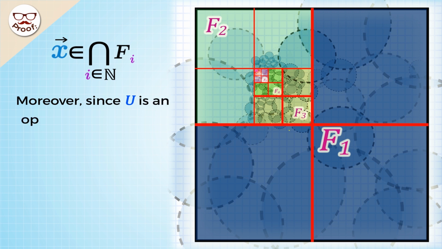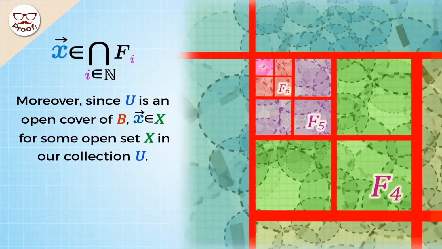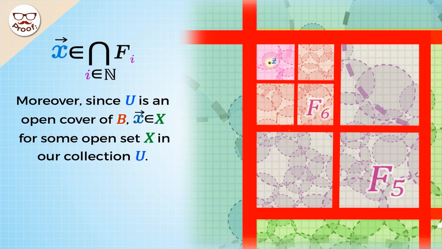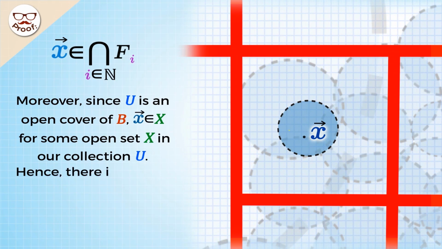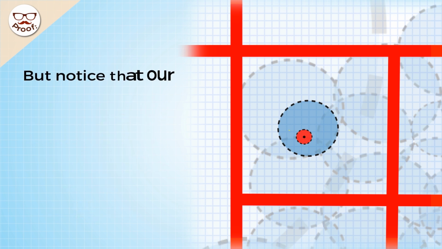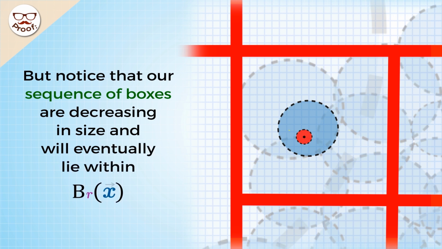Moreover, since U is an open cover of B, x is in some open set O in our collection U. Hence, there is some r such that B_r(x) is contained in O. But notice that our sequence of boxes are decreasing in size and eventually lie within B_r(x).